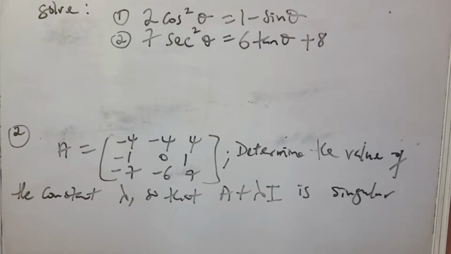Now, if you're going to solve this question number 2, one of the basics you must know is the use of the word singular. So guys, the first question I want to ask you is, what does it mean when they say something is singular when you're dealing with a matrix? Can anybody answer that quickly? What does it mean to talk about something being singular?